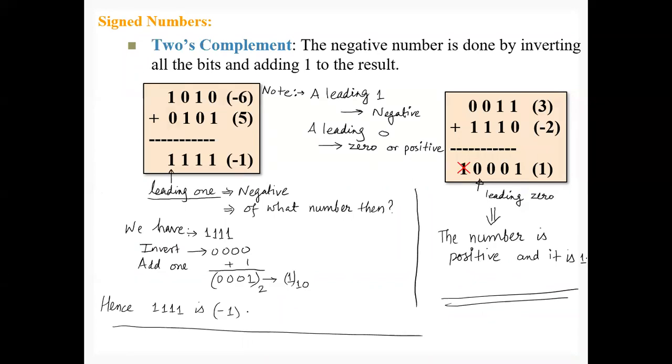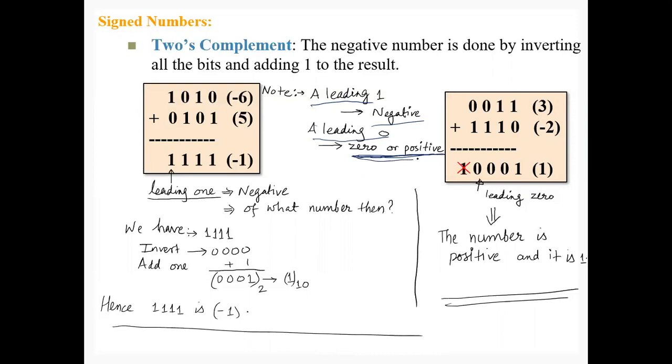All right, this is what I did. So this is the conclusion here. If we have a leading 1, that represents negative. If we have a leading 0, the number is either 0 or positive.